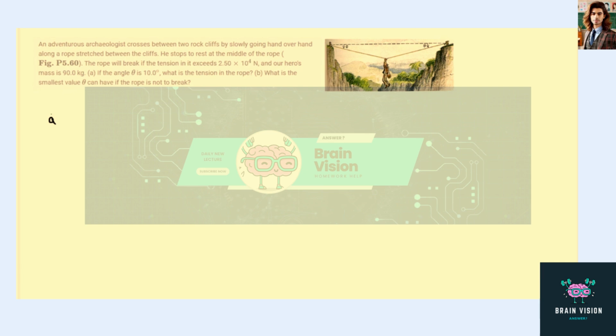So let's make a free body diagram over here. These are the two ropes, and they are symmetric about the center since it is at the middle. So let's call this T, and let's call this T as well. And since this angle is theta, so let's make an angle over here.